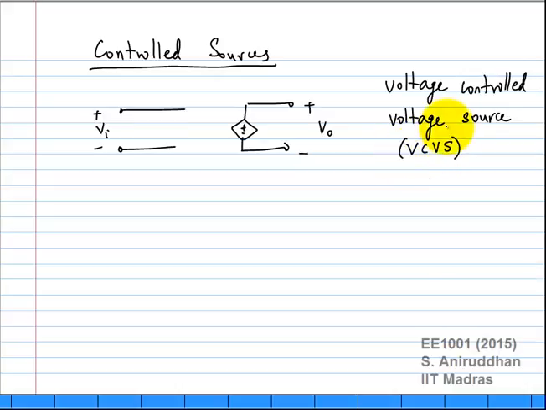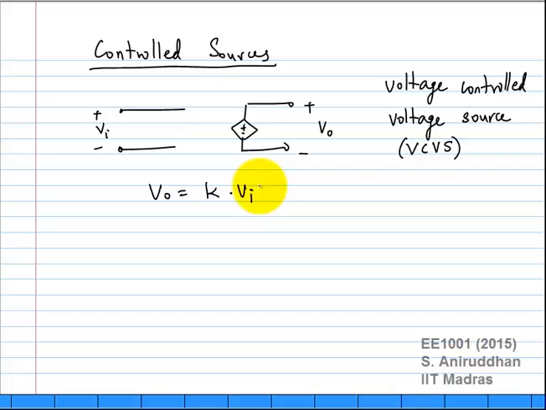It's much easier to keep saying VCVS instead of saying voltage controlled voltage source. Very clearly, the controlling variable is a voltage, the controlled variable is also a voltage. What is the relationship between VO and VI? VO will be some K times VI. This is the relationship.